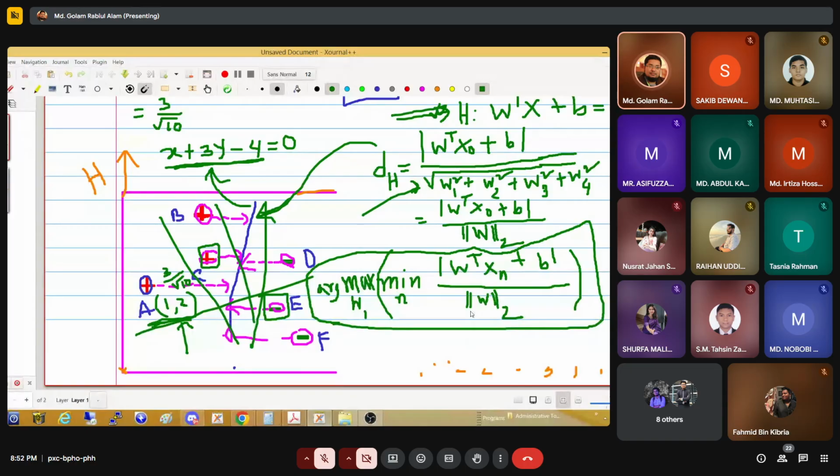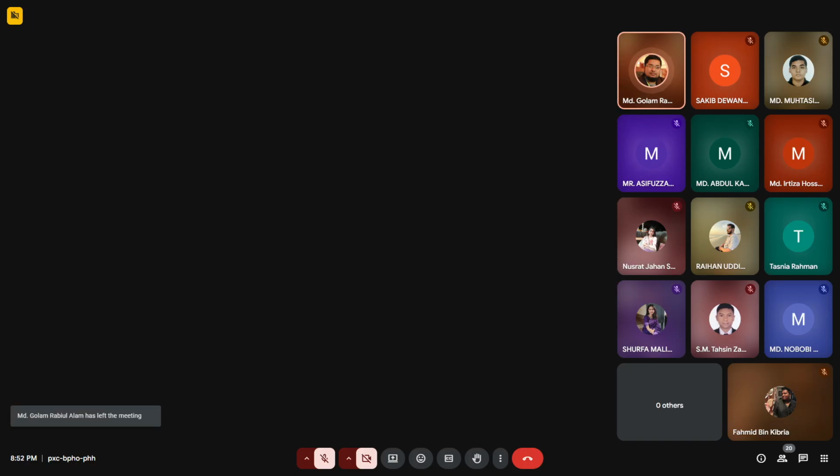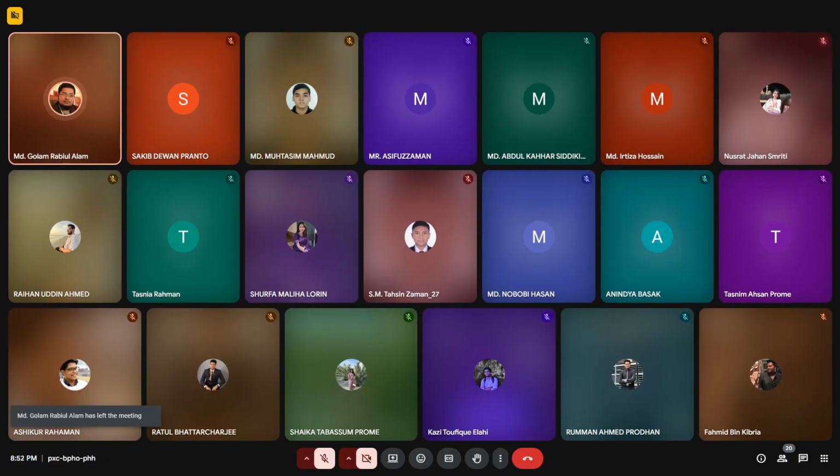In our training model, we have to place the hyperplane in such a way that on one side all the positive data points will be placed, and on the other side all the negative data points will be there. Maybe if we consider up and down, above the hyperplane we will consider the positive, and below the hyperplane the negative data points.